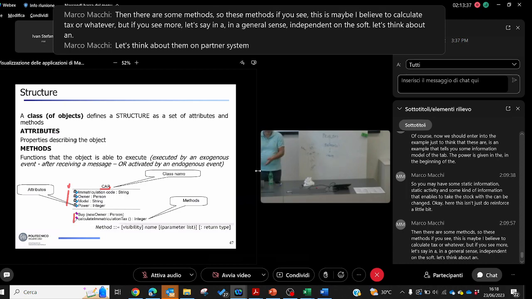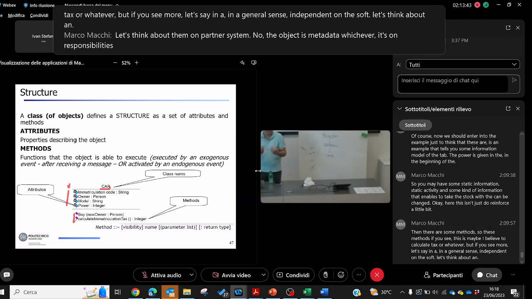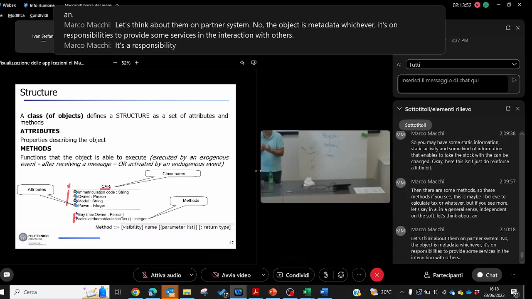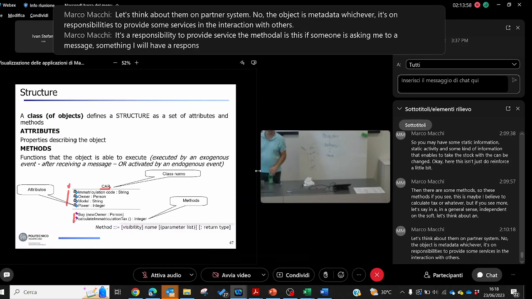The object has methods which are its own responsibilities to provide some services in the interaction with others. It's a responsibility to provide services. If someone sends me a message, I will have a responsibility to provide a service as an answer.